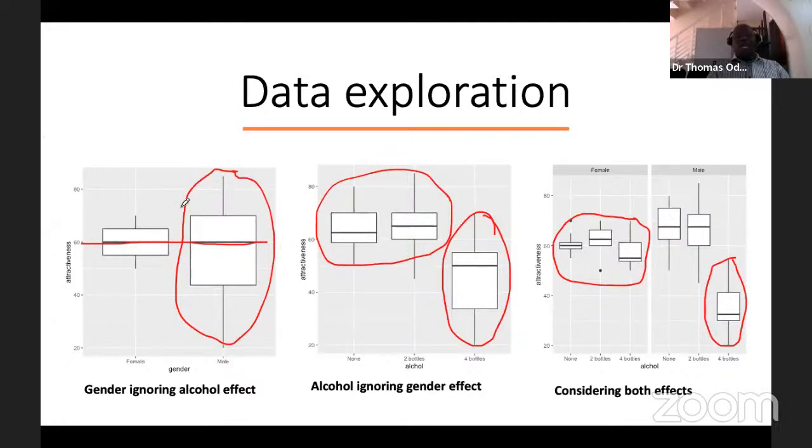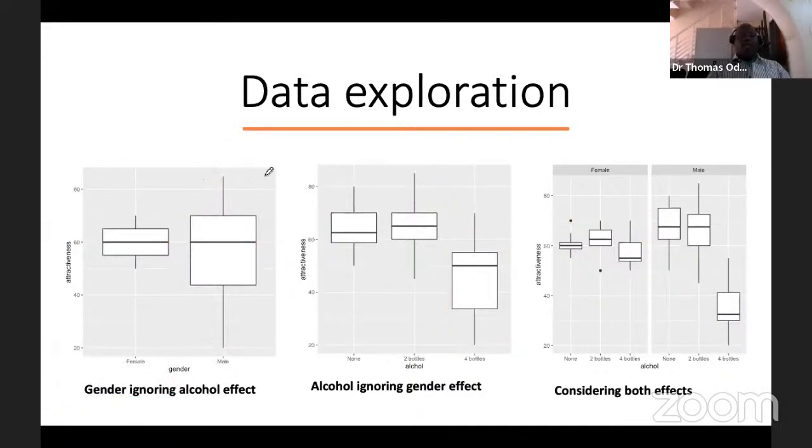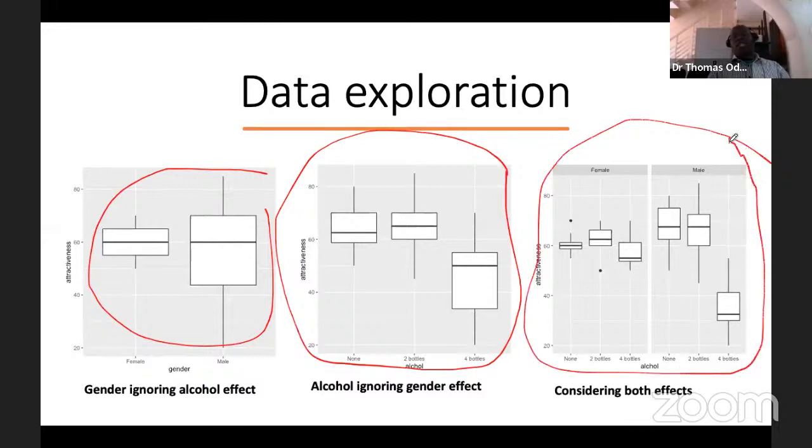So these ones here look at what we call the main effect. This one looks at the main effect for gender. This one looks at the main effect for alcohol. And then this one here tries to take into consideration the interaction. So the question is, is the beer effect the same for men and women? So this is an exploratory data analysis that we can do.